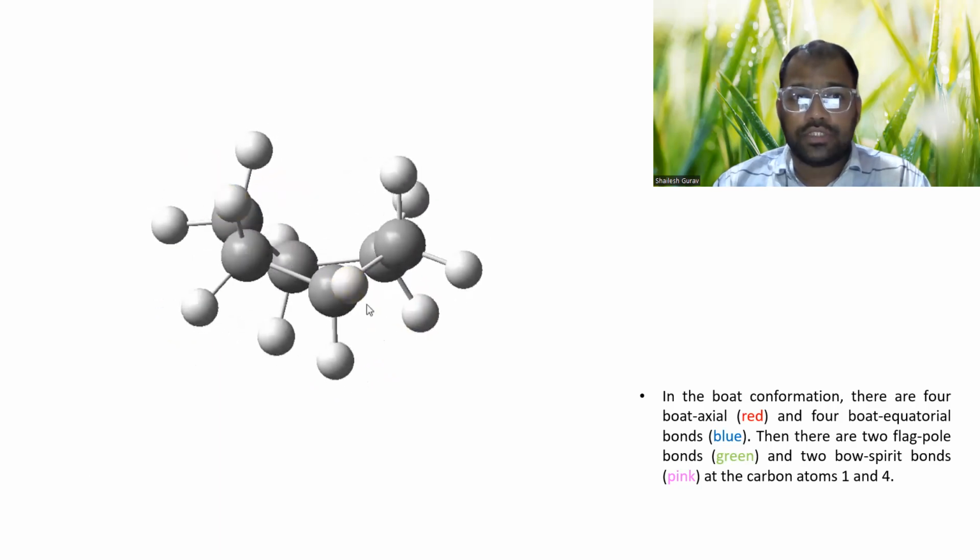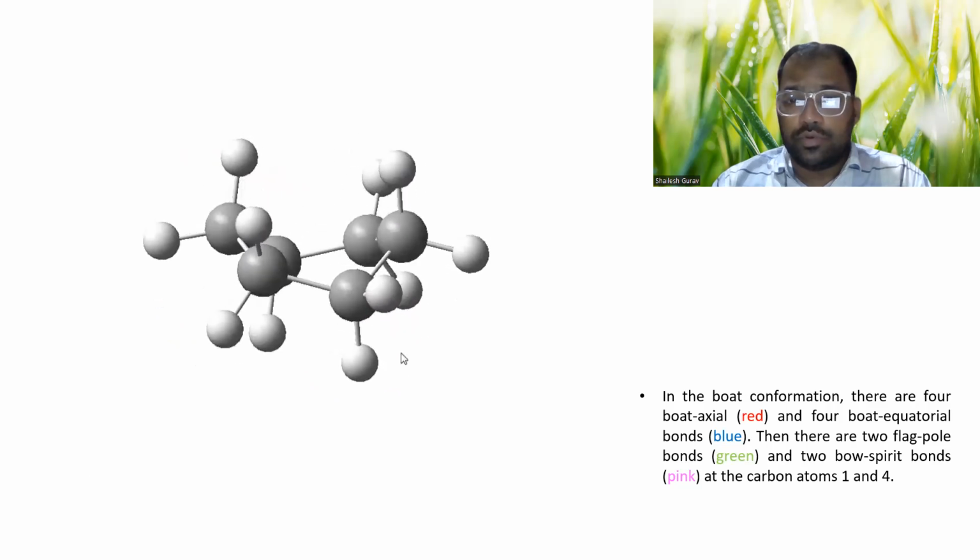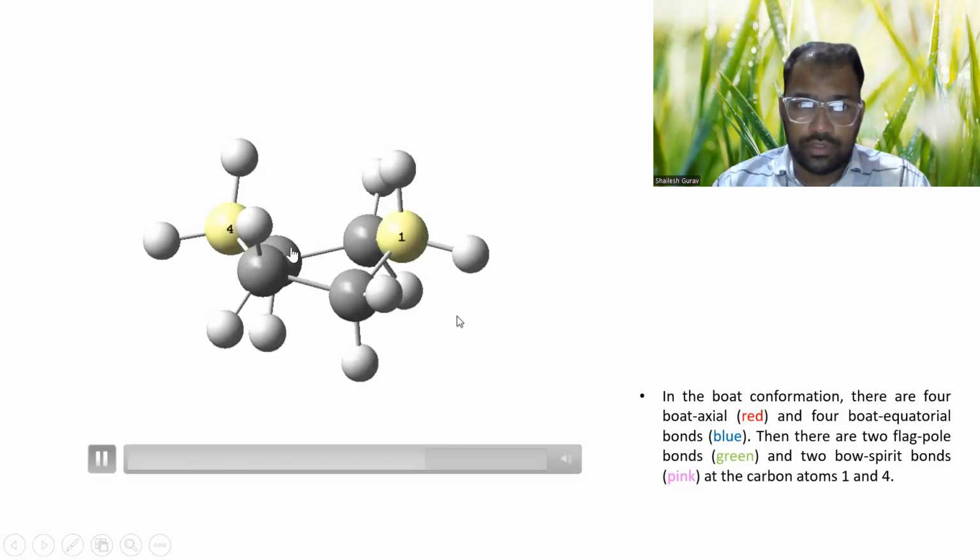Then we will try to understand the bowsprit and flagpole positions. If I mark these 1 and 4 positions of this boat, the puckered boat shape, and label them, then what are the atoms attached to these carbon atoms? They are not considered equatorial or axial, but other notations are given.